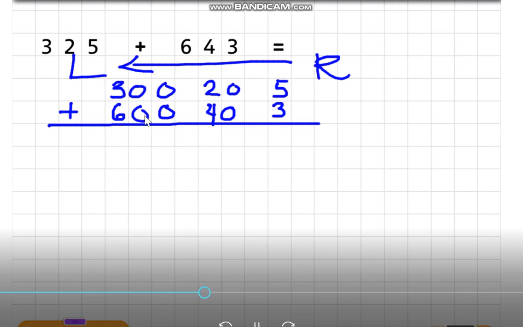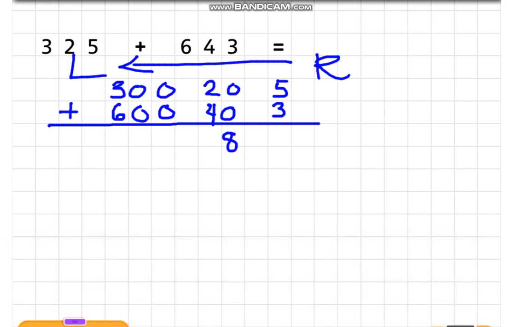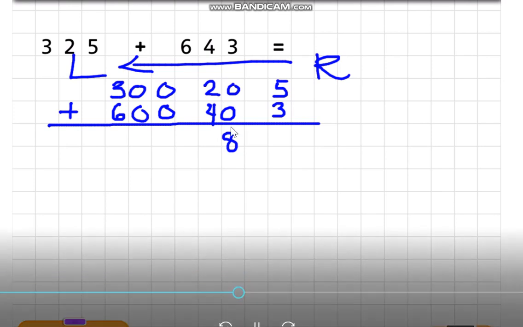So this is hundreds, this is tens, and this is ones. So we are going to be starting here. So 5 and 3 is 8. So is it okay to write 8 under this number, under 40? No, because 40 is in the tens column. And 8 is in ones, so we're erasing it and we're going to write 8 here.